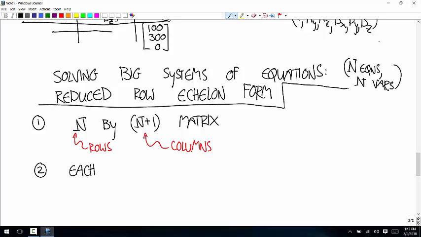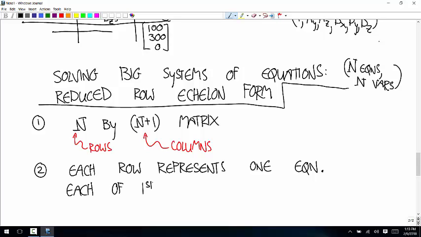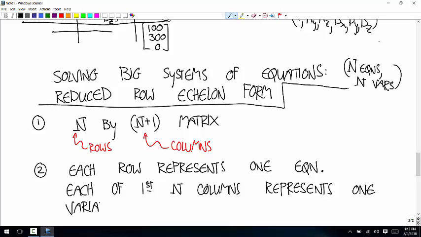Each row is going to represent one of your equations. Each of the first n columns represents one variable. And the last column represents the constant.